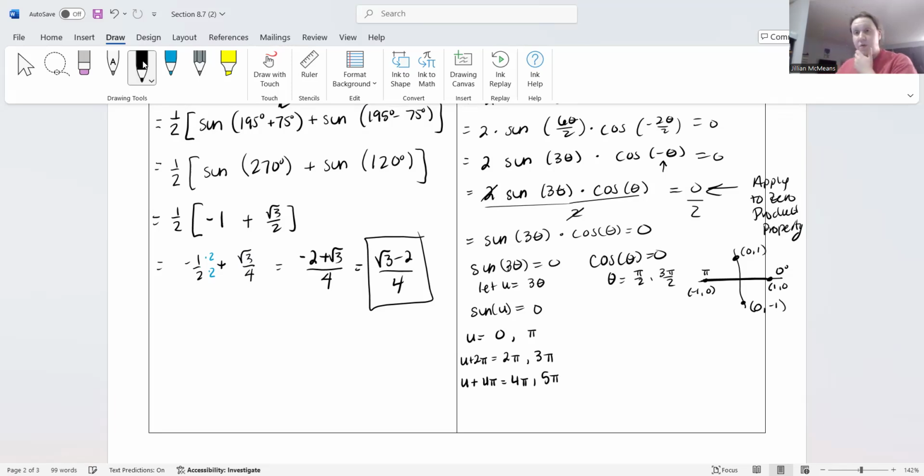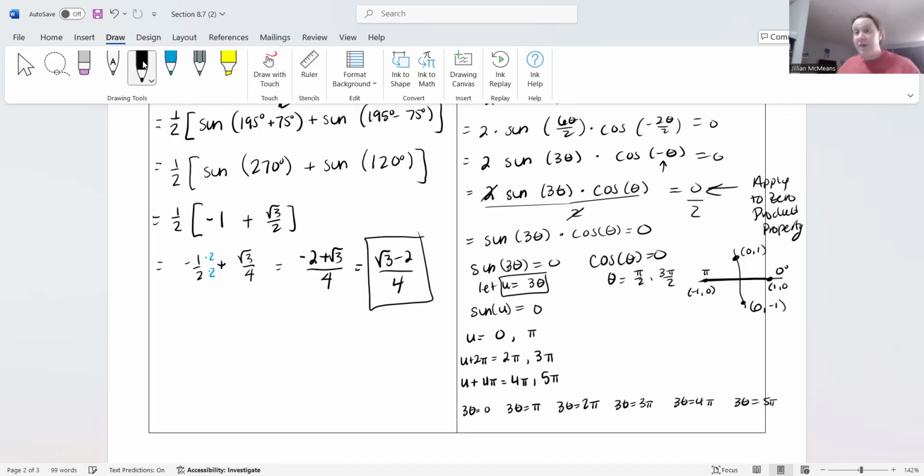Okay, so those are our values for u, but we're not done because remember, we let u equal 3 theta. So we're going to say, okay, 3 theta equals 0, 3 theta equals pi, 3 theta equals 2 pi, 3 theta equals 3 pi, 3 theta equals 4 pi, and 3 theta equals 5 pi.